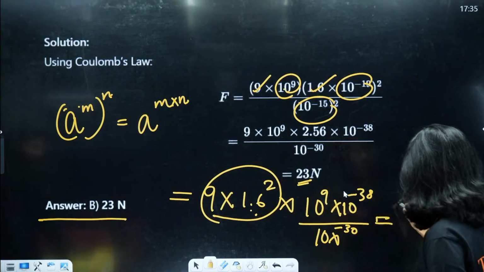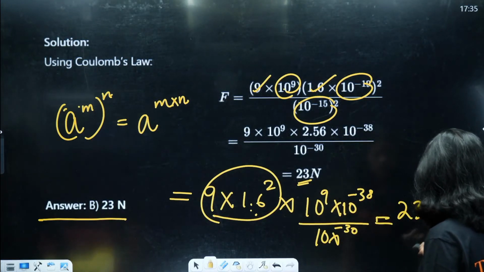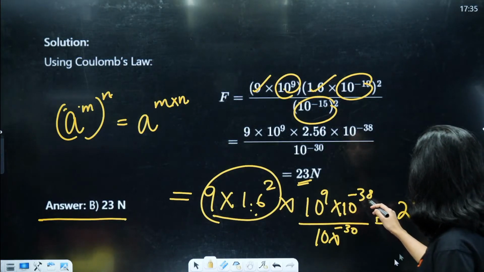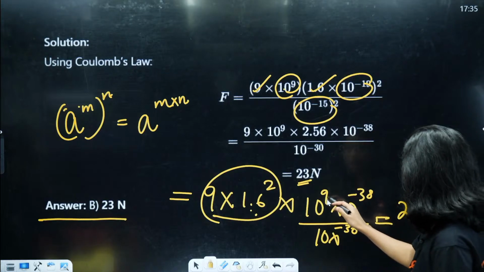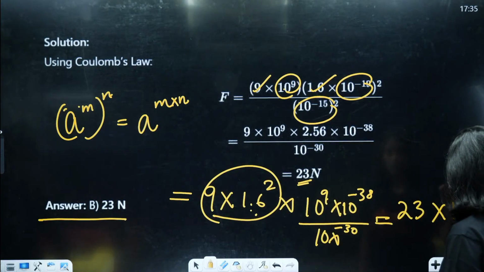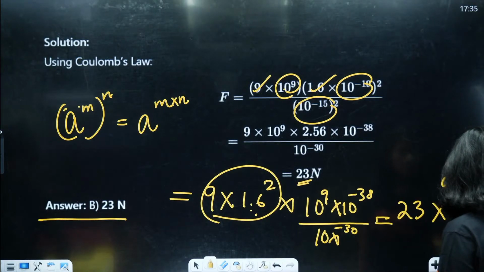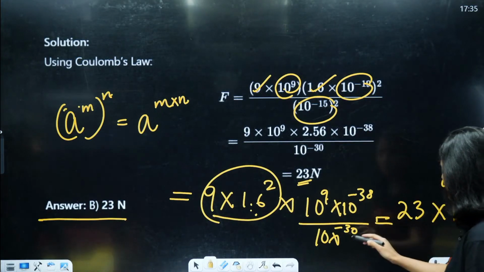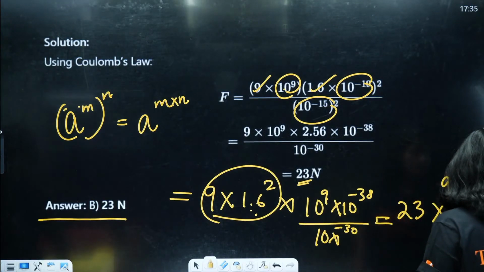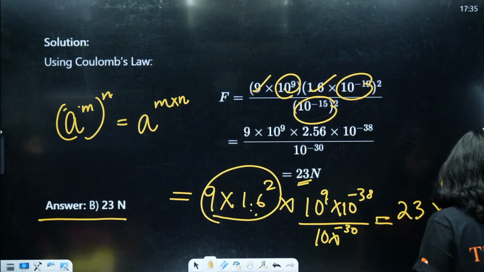And then 23 into the powers. Minus 38, and this negative 30 will go up, so it would become plus.